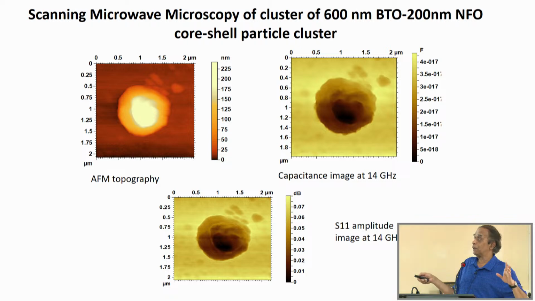The shell is made of nickel ferrite, so the capacitance is much smaller compared to the core. So the core looks here as a bright spot, and the shell as a dark one. This is AFM topography, and this is the capacitance image at 14 gigahertz.